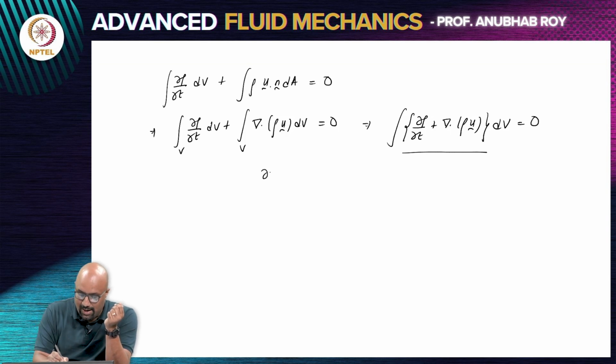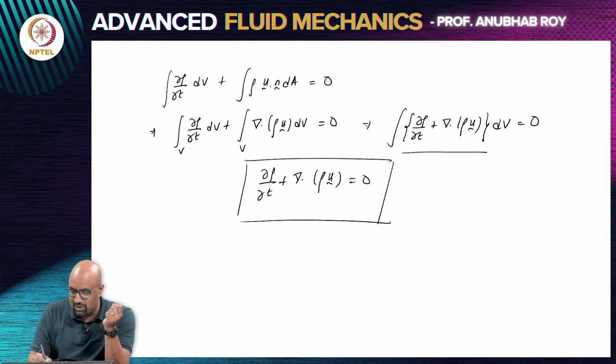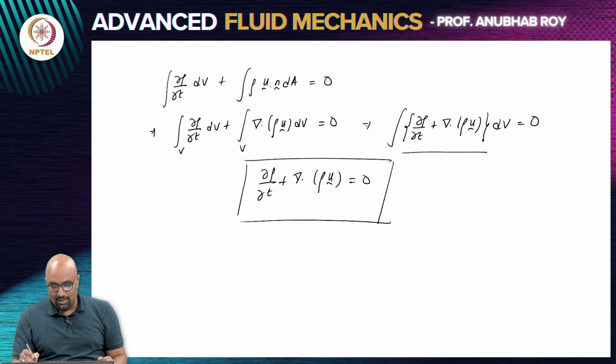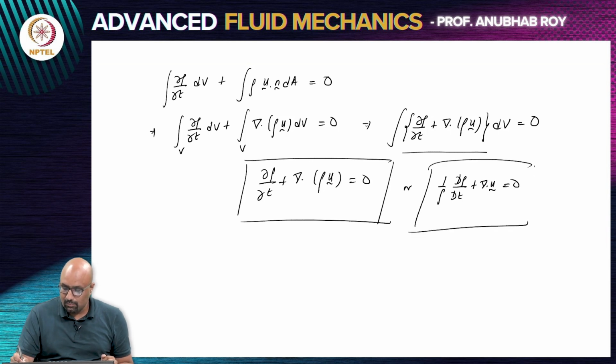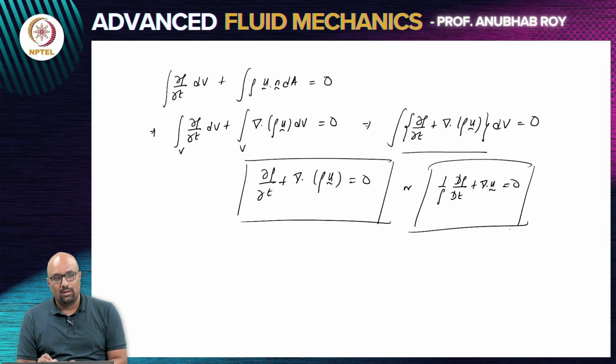So, that brings me back to the expression that we have just derived a while back, that the mass conservation statement implies that the rate of change of density is related to the divergence. So, either you write it in this particular form or you could also write it in this particular form. So, this is a statement of mass conservation.